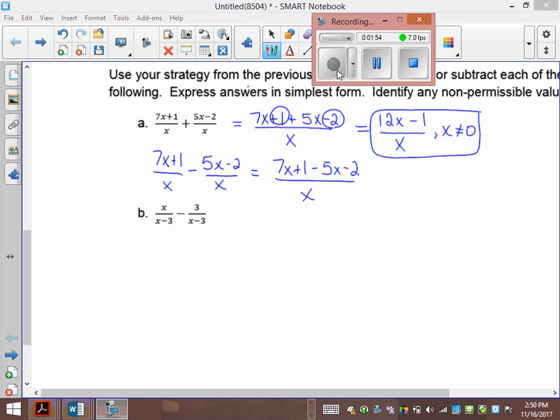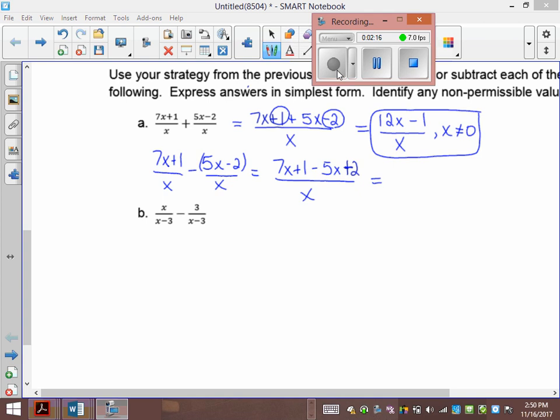Right, because I need to subtract everything behind the subtraction sign. So in this case, if I kept it like this, I'm just subtracting the 5x. I need to subtract the 5x, and I need to subtract the 2, the negative 2. So it's actually plus. So you can put it in brackets and distribute it.